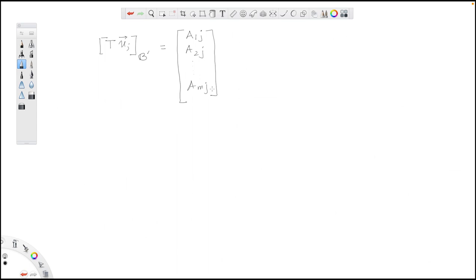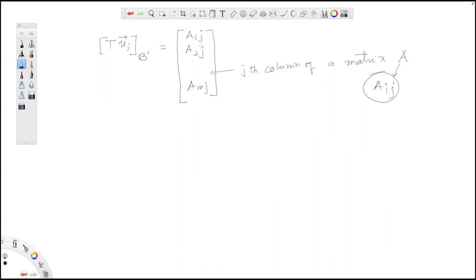So this is the jth column of our matrix A, whose entries are Aij, and these entries constitute the matrix A, which fully describes the transformation T relative to the pair of ordered bases B and B prime.